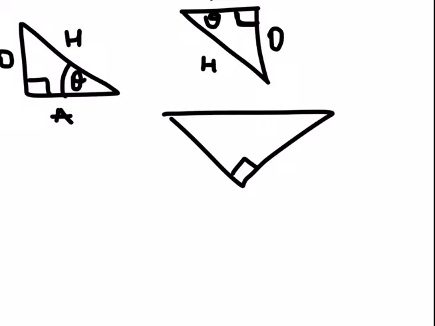What you just need to know is which side is the hypotenuse, definitely that one. Which side is the opposite? It is definitely that one, because it is opposite that angle. Therefore, this side is the adjacent side.